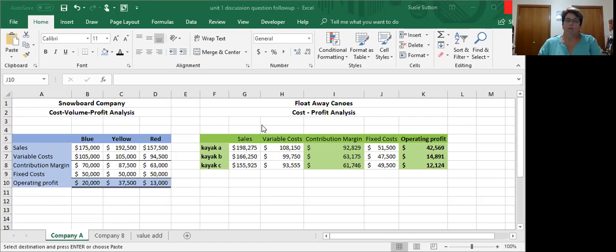And I said this is just oversimplifying because it is the same information, but they want to look at it differently. Floataway canoes, they have their product lines going down the line, and then they have the information going across horizontally. So if they want to go down the line and just look at operating profit this way, let's say they used filters and they were going to look at anything under $40,000, they could filter and say, I want to look at these two product lines.